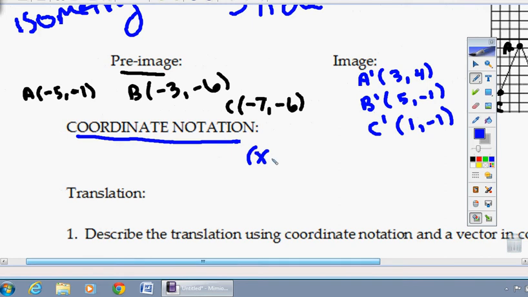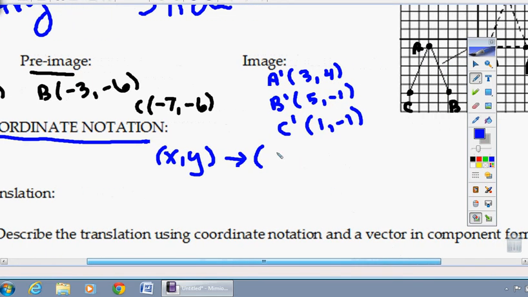I would say (x, y), and then I draw an arrow. (x, y) is each vertex in my pre-image. So basically this is saying I took each vertex in my pre-image and moved it, this arrow means moved or mapped, and I mapped it by taking each x coordinate and adding 8, and then taking each y coordinate and adding 5.